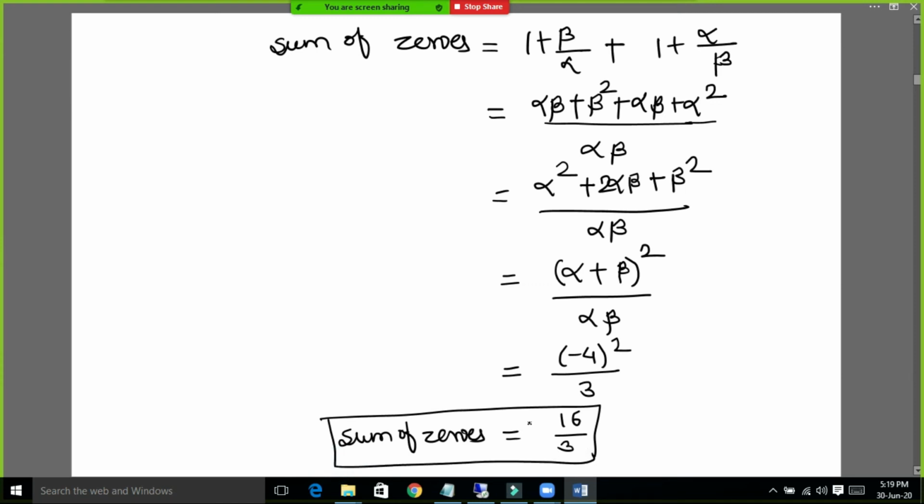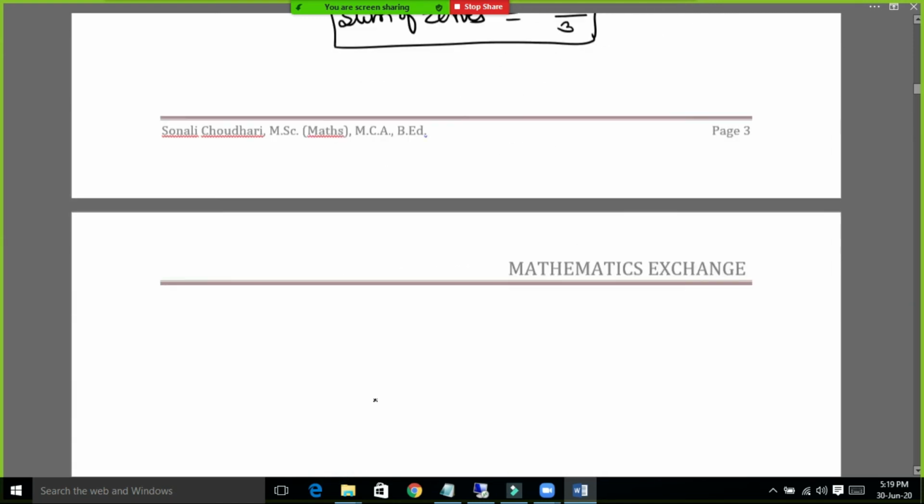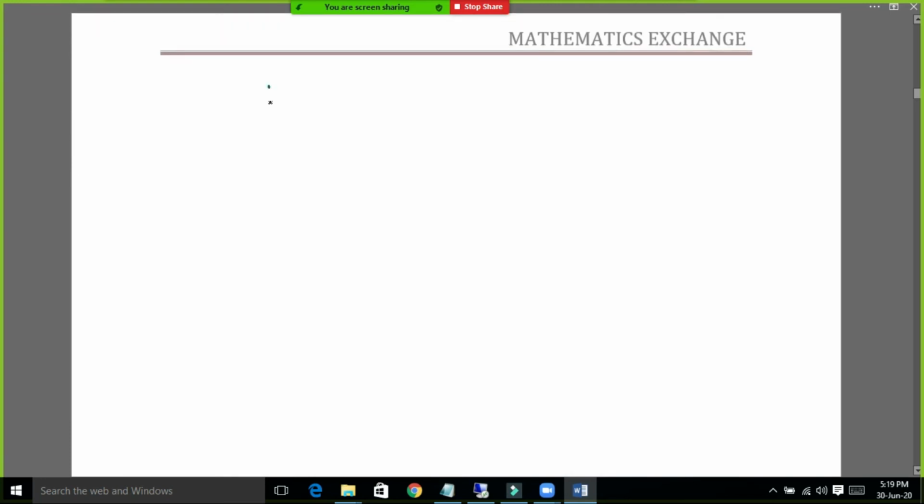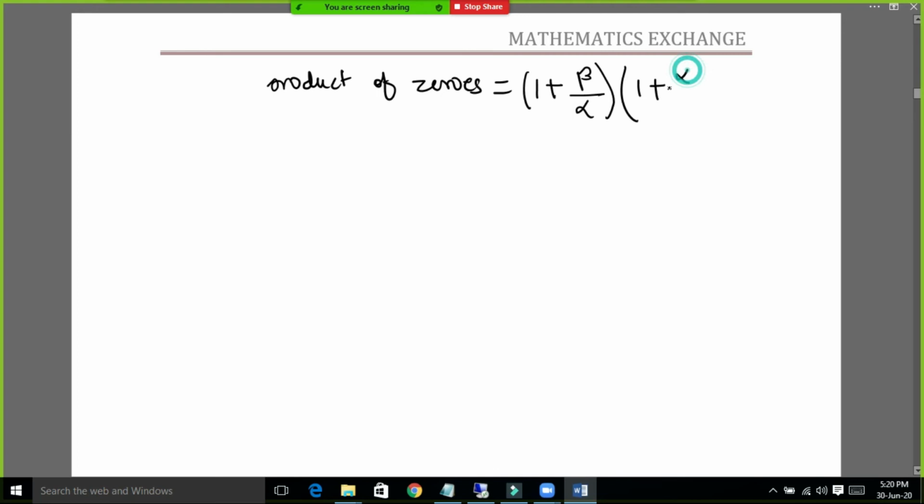Now similarly, we find out product of zeros. So zeros are 1 plus beta by alpha and 1 plus alpha by beta. Take the product: 1 plus beta upon alpha into 1 plus alpha by beta.